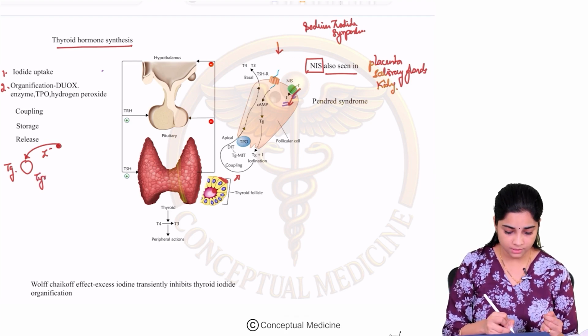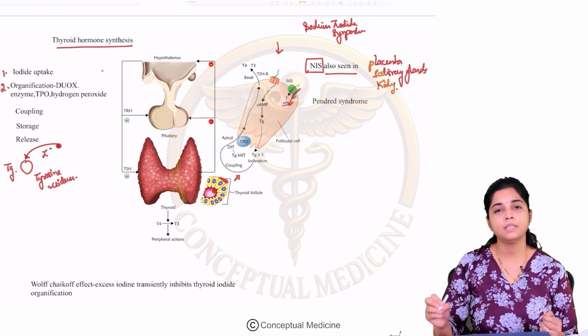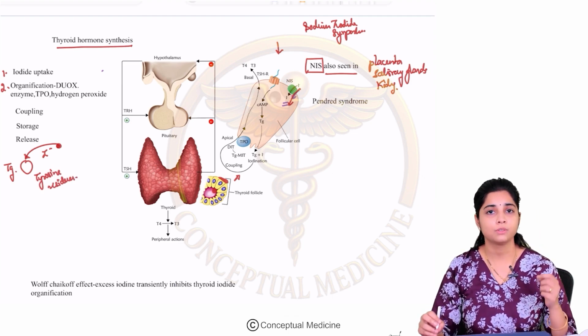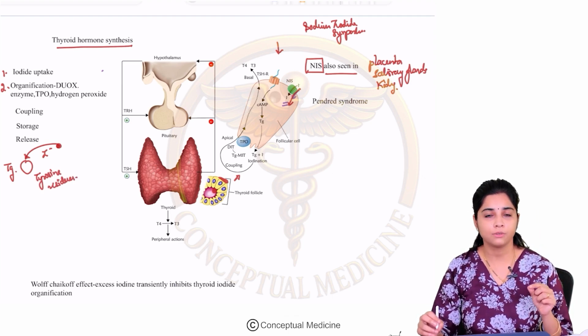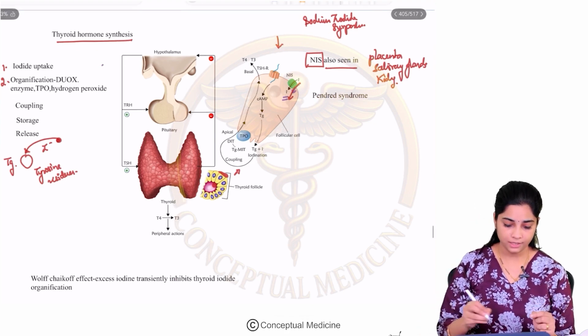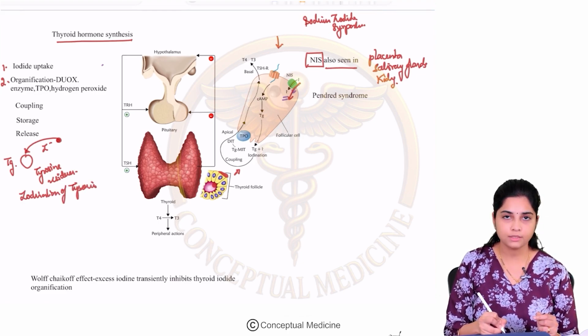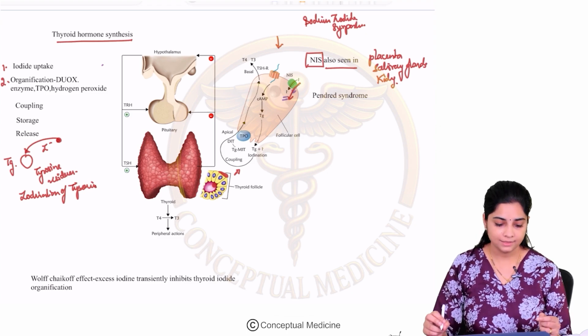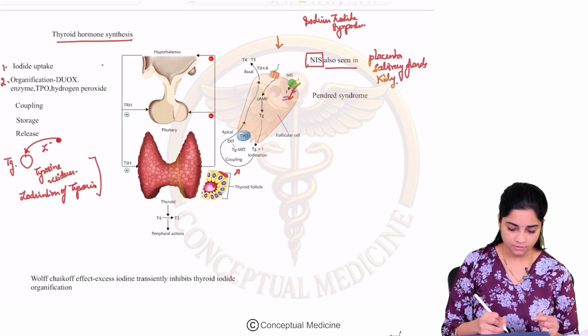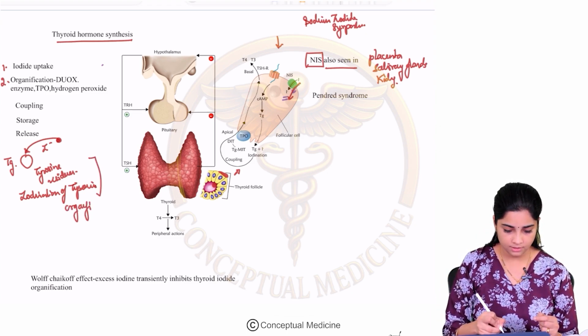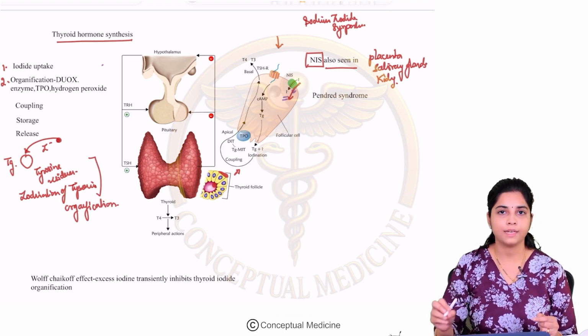To the tyrosine residues within the thyroglobulin molecule. So, there is iodination of tyrosine residues within the thyroglobulin molecules, and this is what we call as organification.